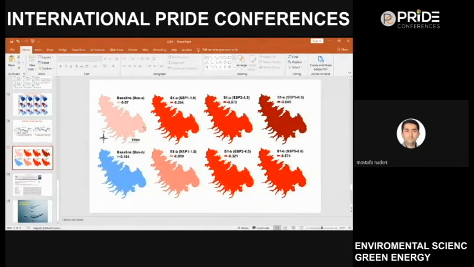Okay. Again, this is the level of management in groundwater during the observation period and under available water use efficiency. And these pictures show the level of management in groundwater under three scenarios of climate change.